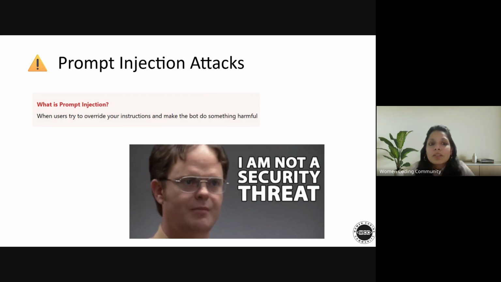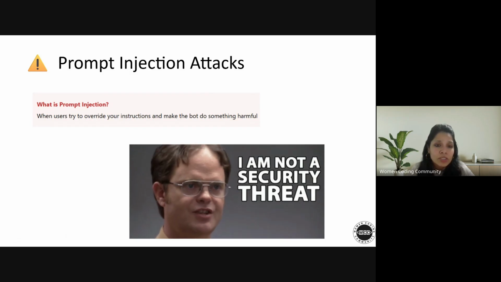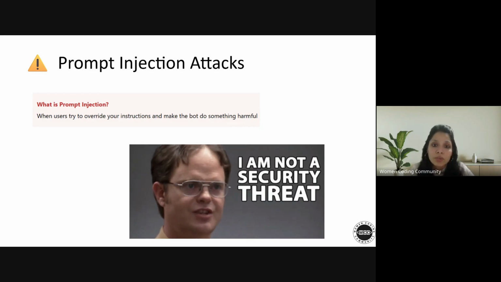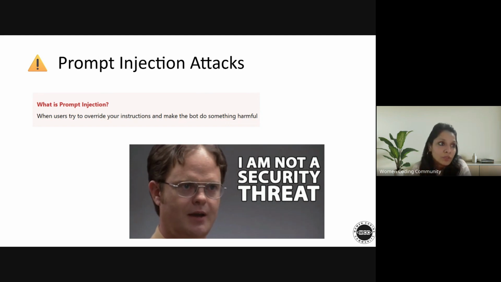Okay, so let's continue. This is about prompt injections. So what is prompt injection? As I mentioned at the start of the session, sometimes a user can try to override the system instructions, or the instruction that was given to the system prompt, and make the chatbot do something very harmful.